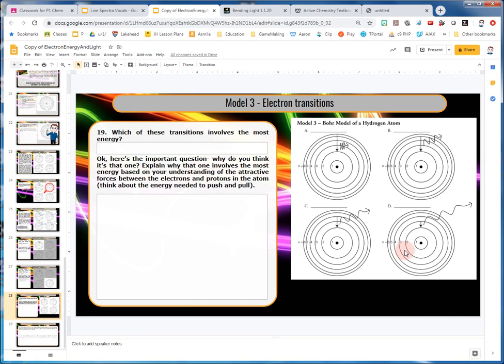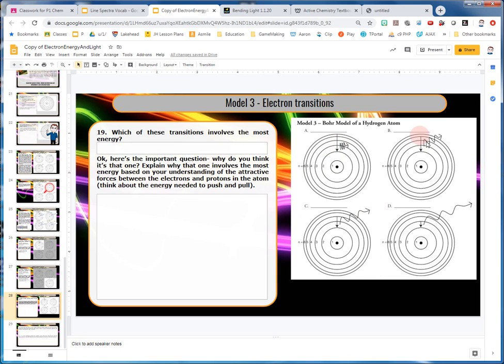Which of these transitions involves the most energy? So this could be absorbing or it could be releasing. Doesn't really say.